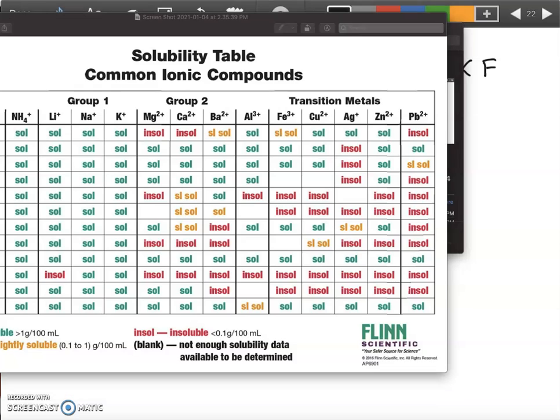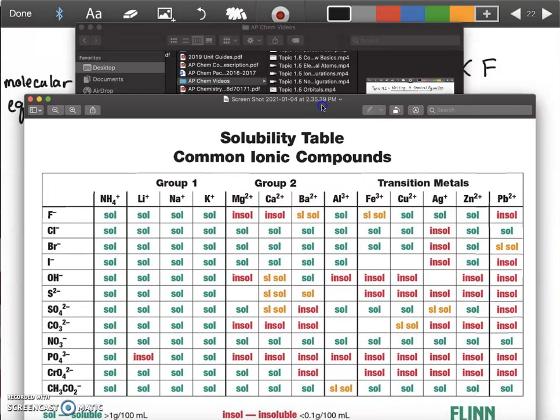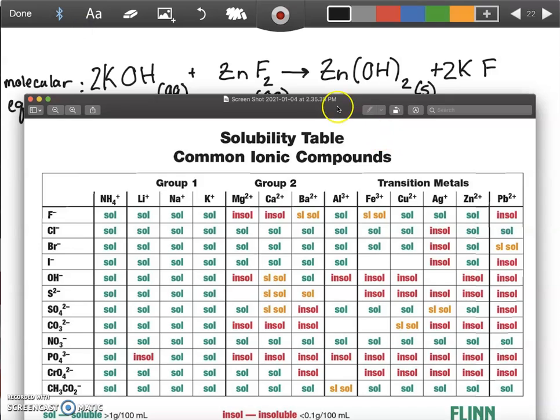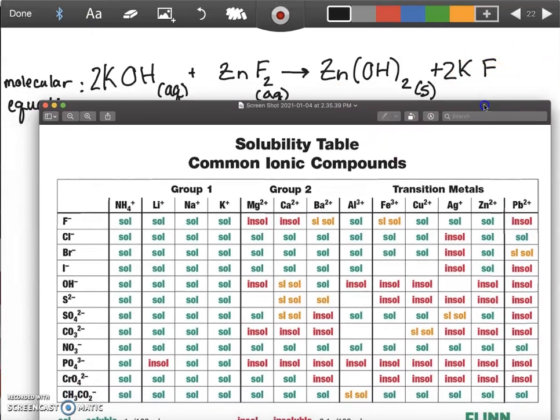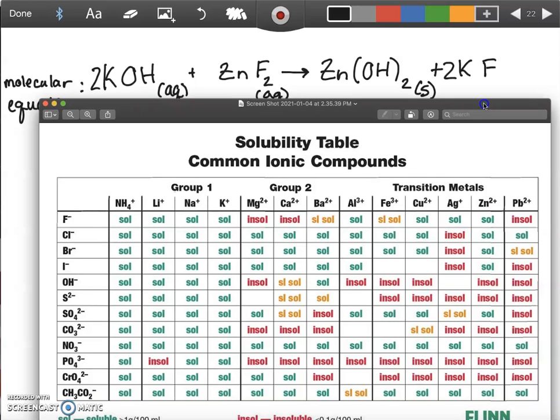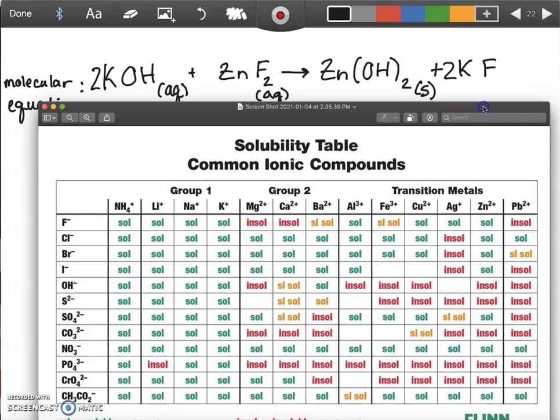Alright, next what we'll do is we'll use our solubility chart to take a look at potassium fluoride. A good thing to know about potassium salts, as soon as you see potassium in it, it's almost always going to be soluble in water, meaning if I put anything that has potassium in it into water, it's going to dissolve.